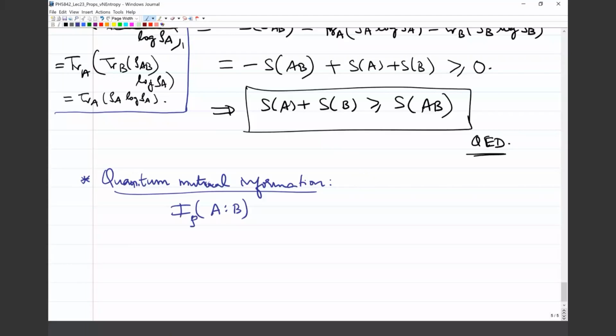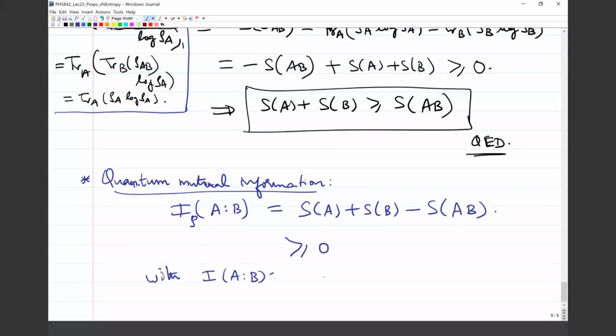This is simply defined to be S(A) plus S(B) minus S(AB). So the subadditivity, of course, tells you that this is always positive, with equality, which means what? This mutual information vanishes if and only if the state is such that it is a tensor product of its marginals.